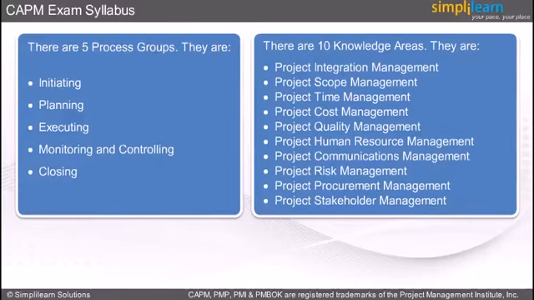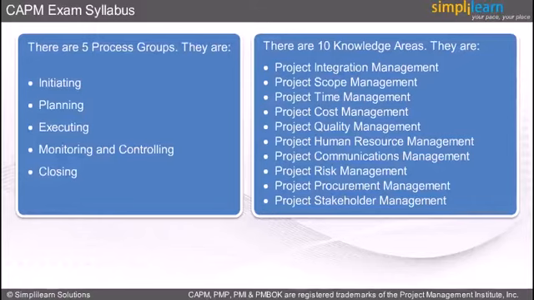Let's now see what a knowledge area is. As per PMBOK, there are 10 knowledge areas. For example, human resource management is one of the knowledge areas. A knowledge area is a set of specific processes required to be performed to meet a project objective.